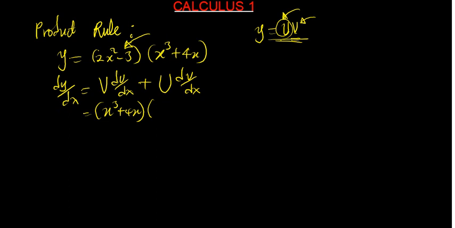If we differentiate 2x squared minus the 3, we are just going to multiply this and this. That will give us 4x, isn't it?